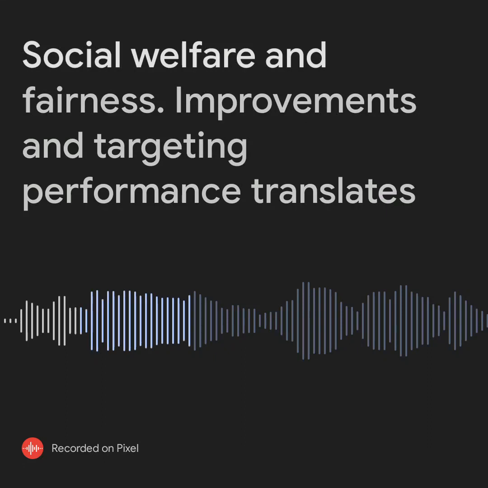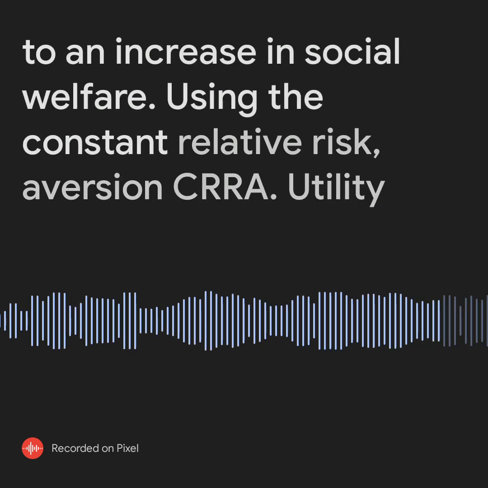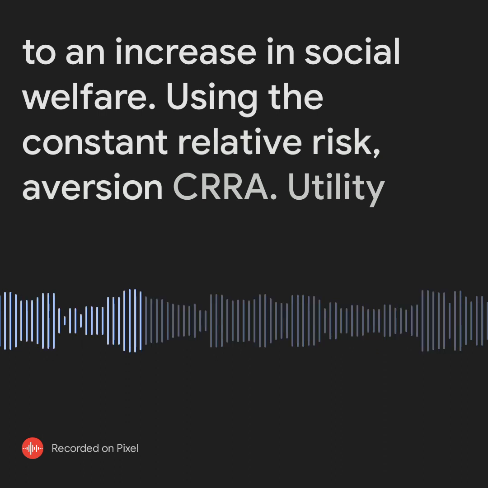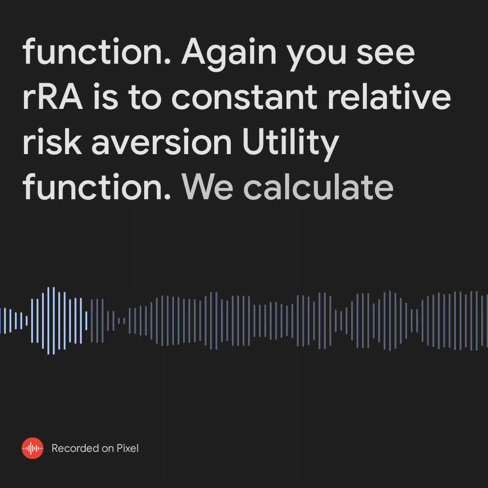Social welfare and fairness. Improvements in targeting performance translate to an increase in social welfare using the constant relative risk aversion (CRRA) utility function. Again, the CRRA is the constant relative risk aversion utility function.